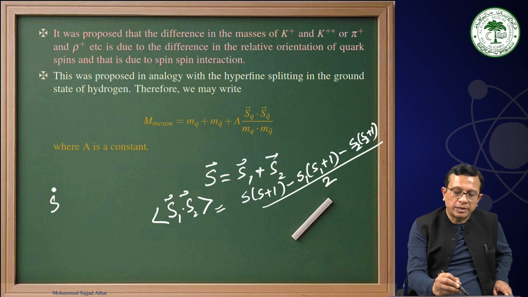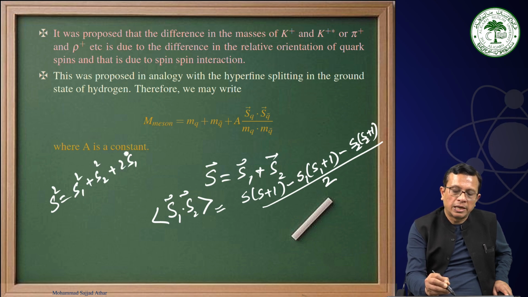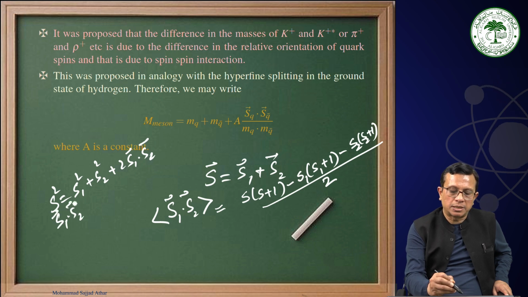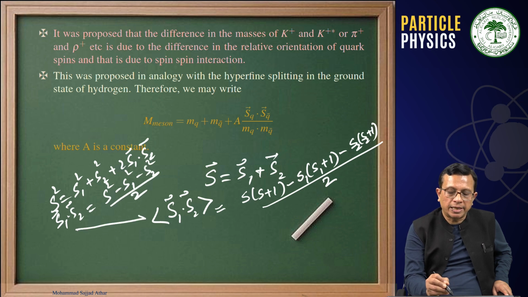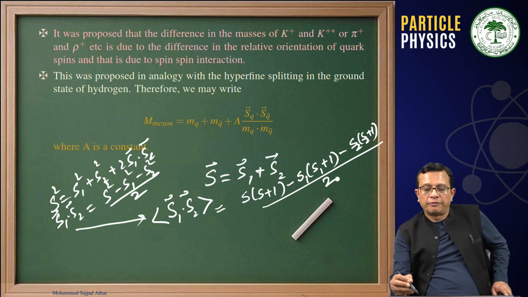That means what I have done is I have written S square as S1 square plus S2 square plus twice S1 dot S2, and that means S1 dot S2 is S square minus S1 square minus S2 square by 2, and then to get the expectation value we have this.